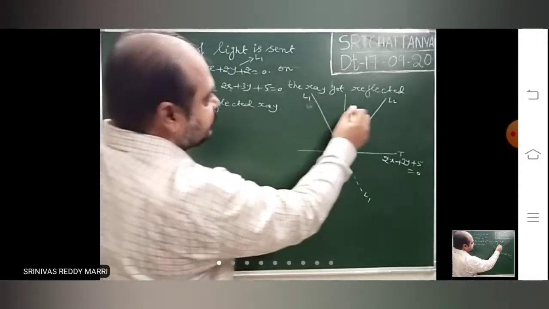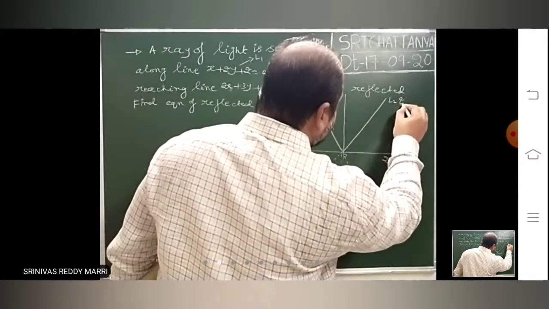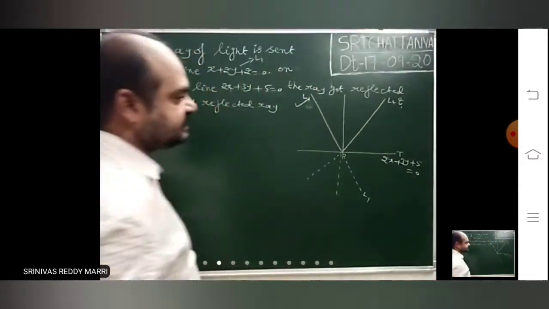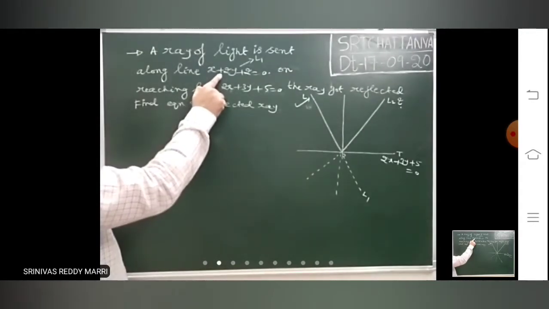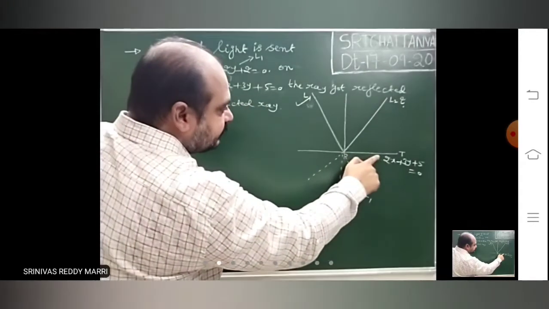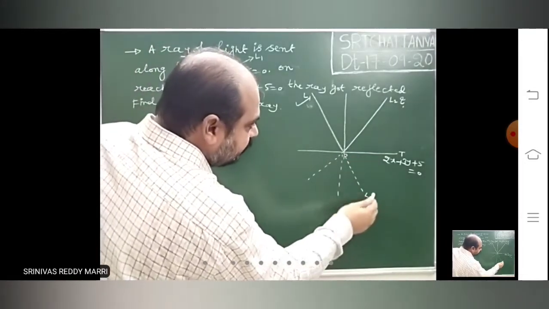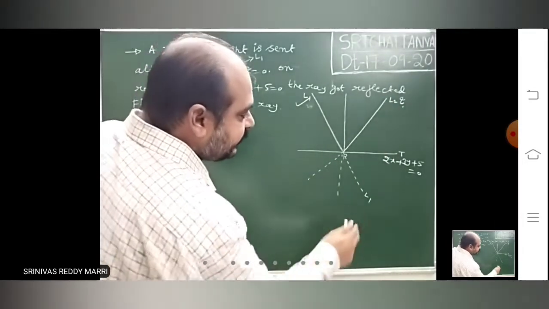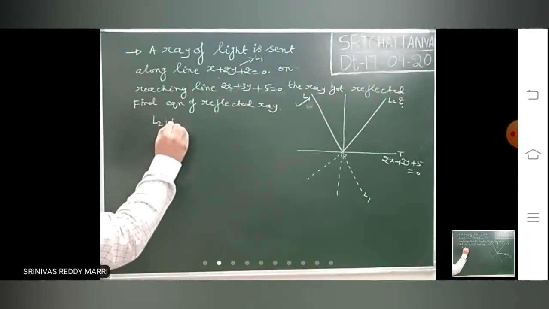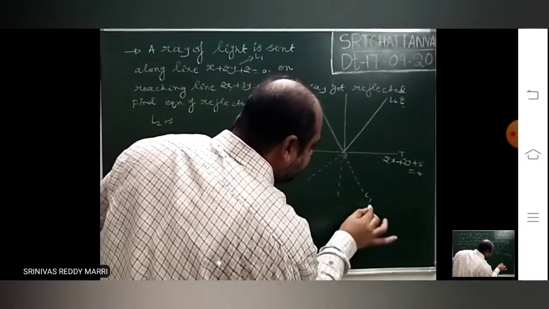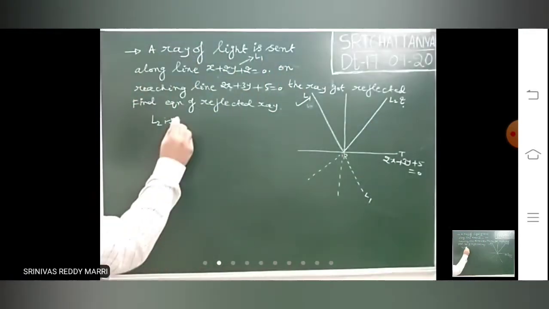L1 equation is given, you have to find out what is L2. L1 equation is nothing but this. Angular bisector is this. So this is L1. L2 is nothing but the image line of L1. The angular bisector is given, one line is given, you have to find the other line.